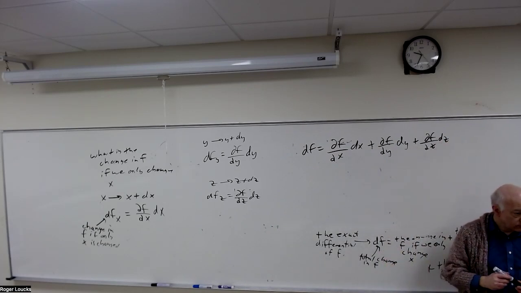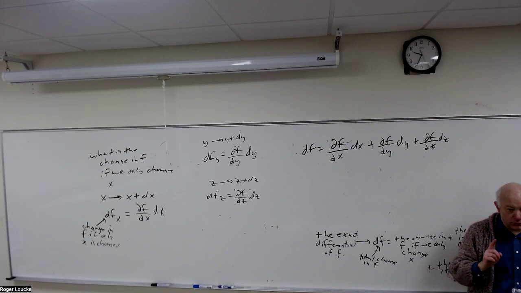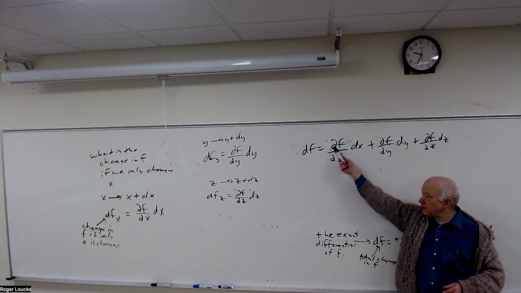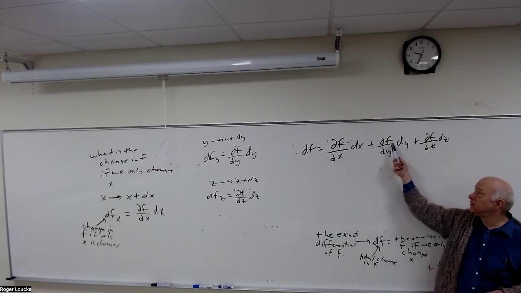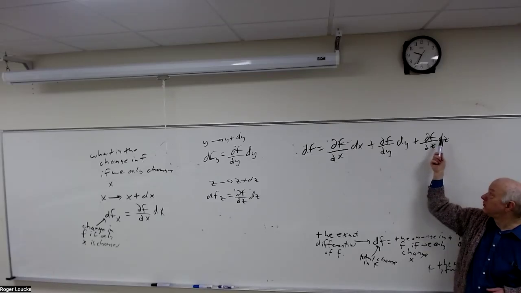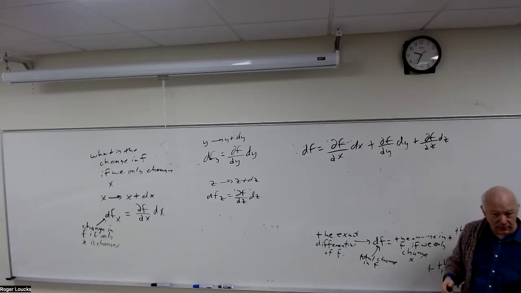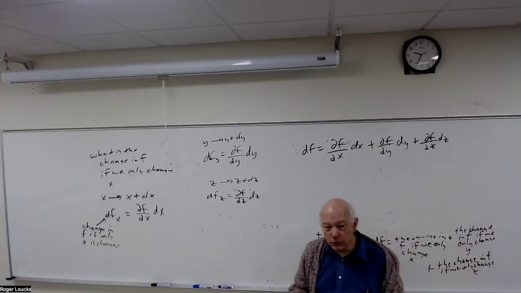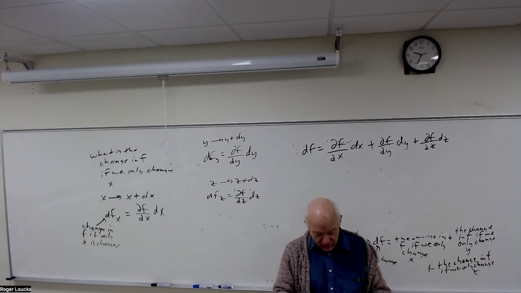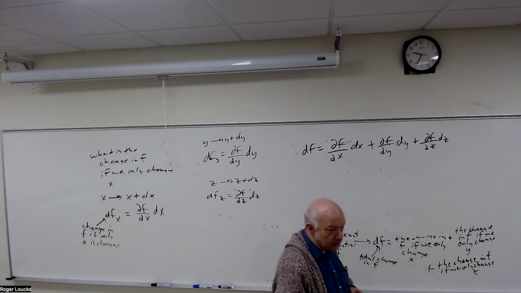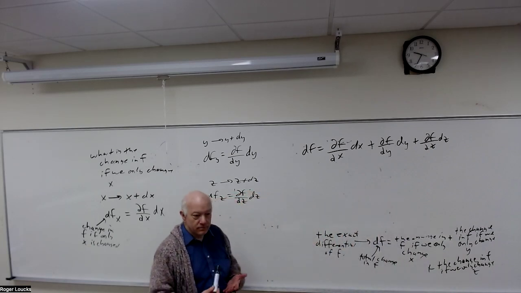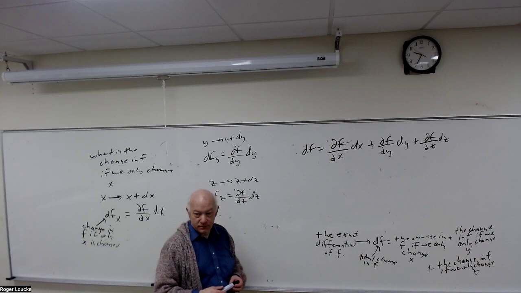That makes sense? Now, here's where the magic occurs. Some of the magic. This is an X looking thing times an X looking thing, plus a Y looking thing times a Y looking thing, plus a Z looking thing times a Z looking thing. Where do you have an X times an X thing, plus a Y times a Y thing, plus a Z times a Z thing? What kind of object?